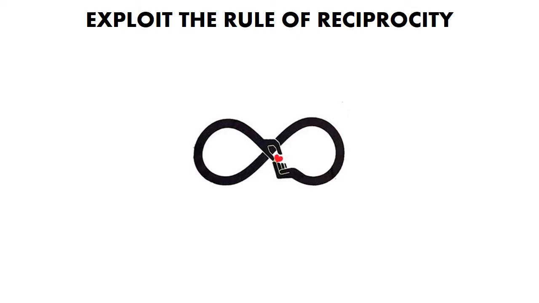Now, another thing this does is it exploits the rule of reciprocity. So the rule of reciprocity is one of the most ubiquitous rules of human behavior that we have across cultures, across time. If someone gives you something, you feel indebted to give them something back. You feel obligated to give them something back. And this holds true everywhere across all times.